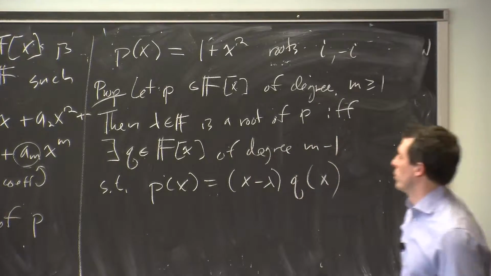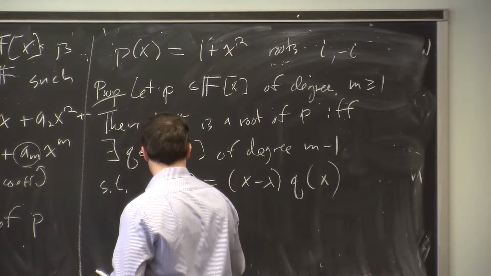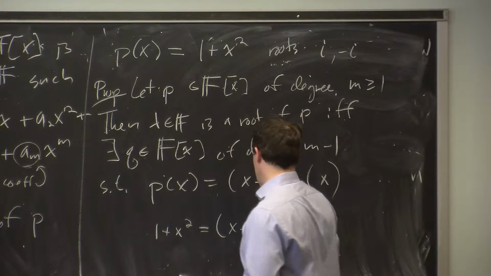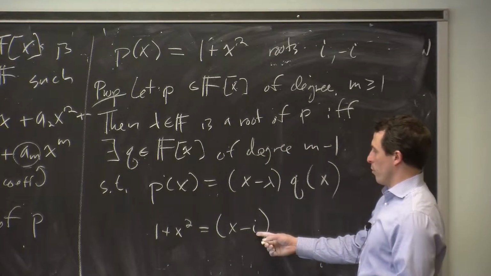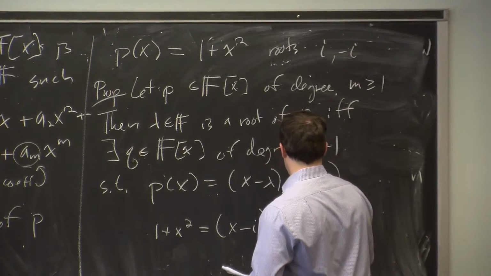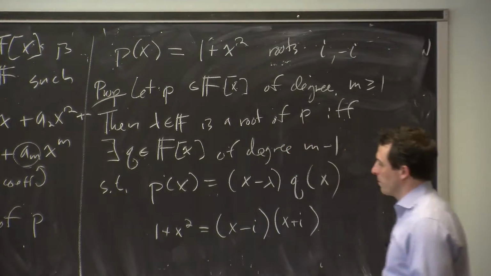For the proof, you should just look in the book. But for example, our polynomial 1 plus x squared factors as x minus i for the root i, and x plus i for the root minus i.